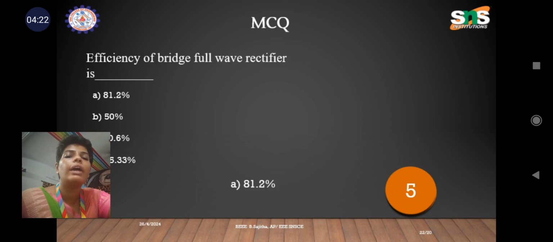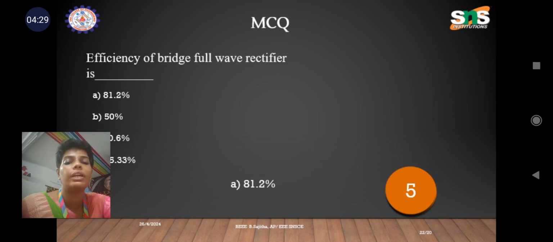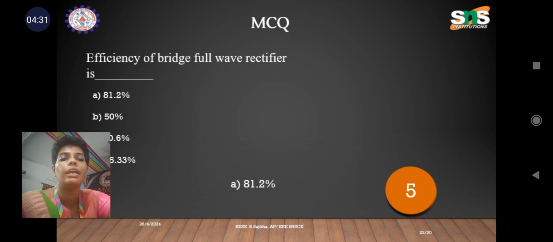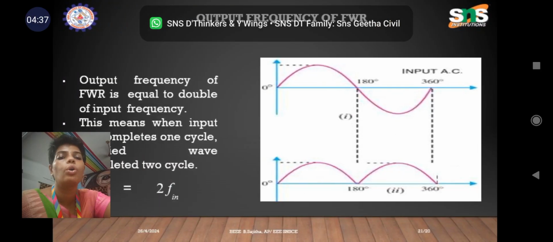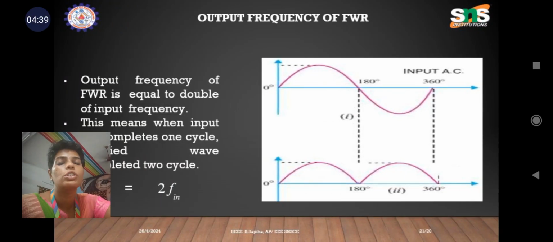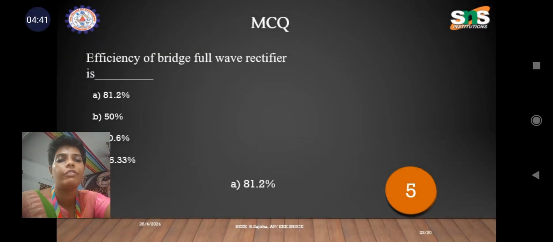Now, as we have discussed different types of rectifiers, can you suggest which rectifier is going to be higher in efficiency? Yes, it is definitely the bridge rectifier, which shows a very high efficiency.